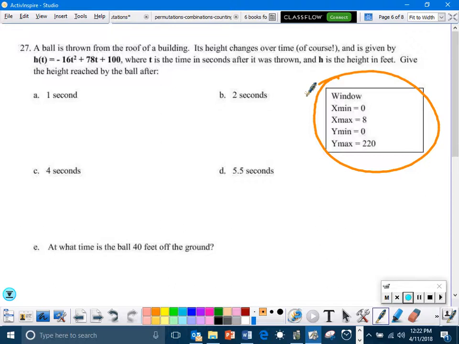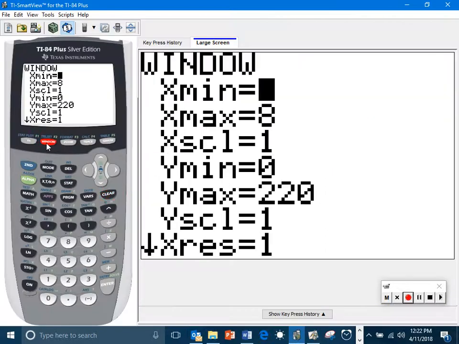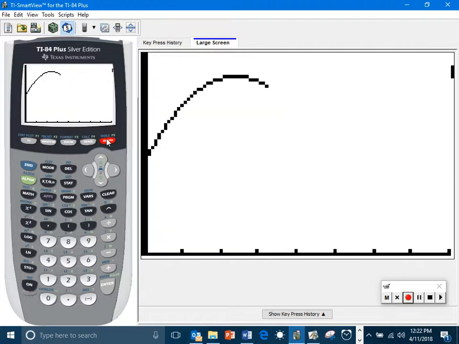Make sure our window matches that: X min 0, X max 8, Y min 0, and Y max 220. So go to your window and change those settings. Then you can graph, and you can see the ball flying through the air.